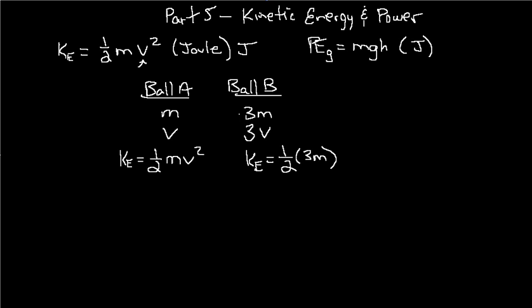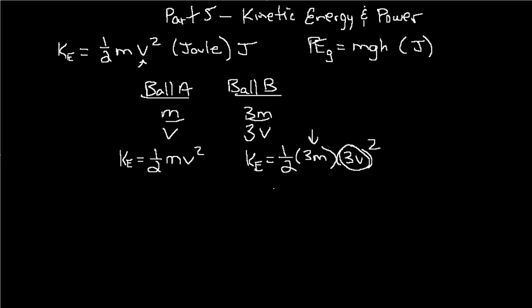You see that? Ball A, mass is m. Ball B, mass is 3 times that of A. It's triple the mass. So we have to put in here 3 times the mass. And now the velocity of ball B is 3v, 3 times the velocity of A. And that whole thing has to be squared, because you've got to take the entire velocity of ball B in this equation and square it.